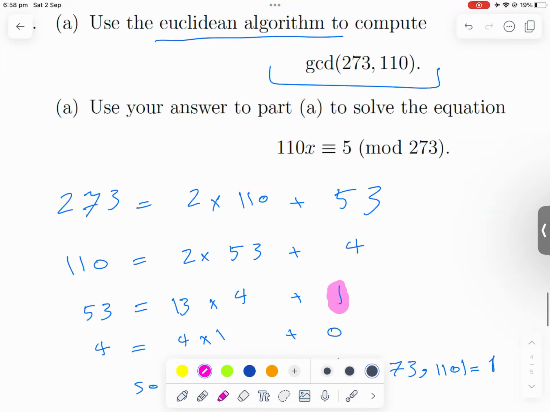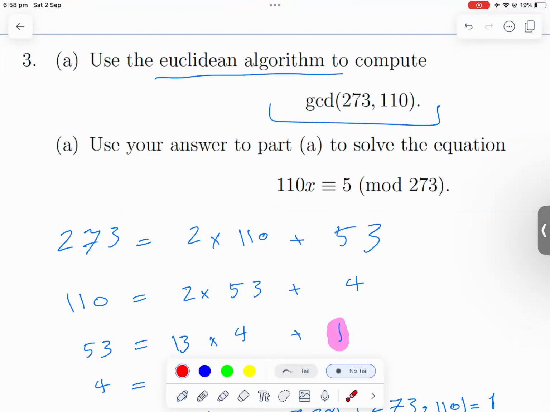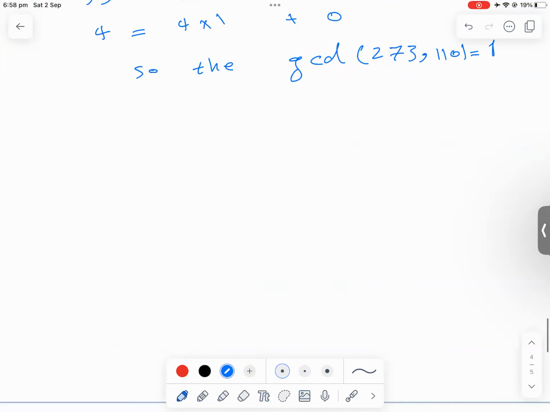All right, so now let's have a look at part B. Actually, this should be part B. So to do this one, let's do it in this way.